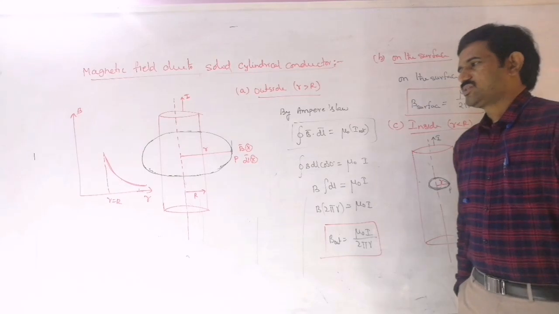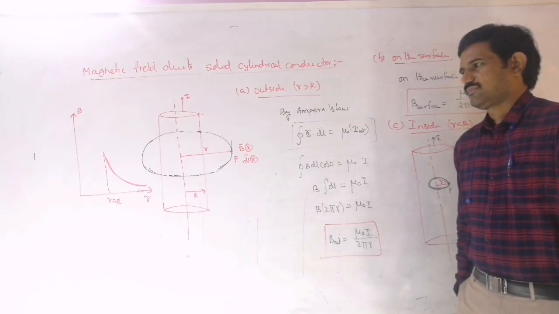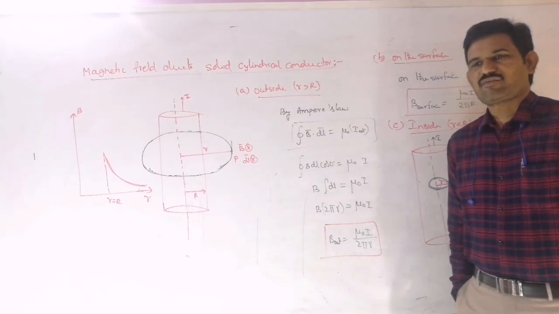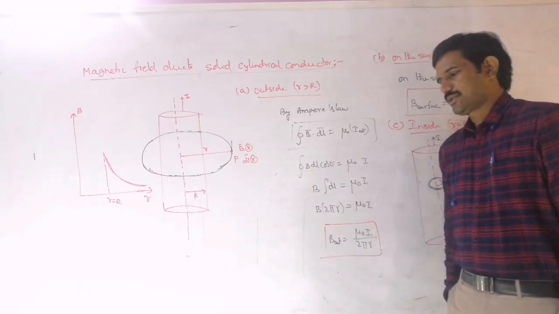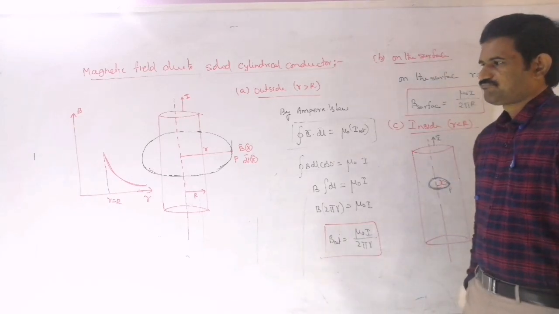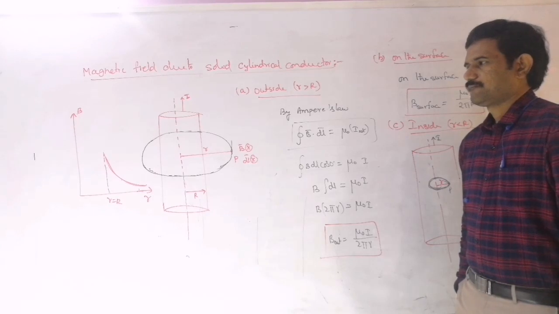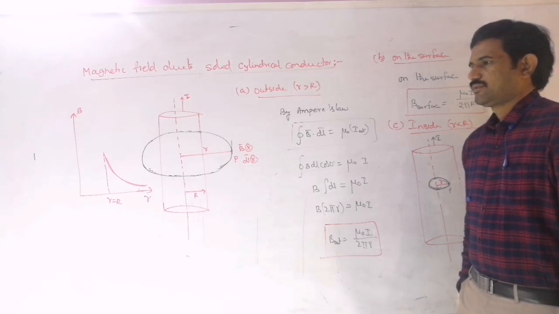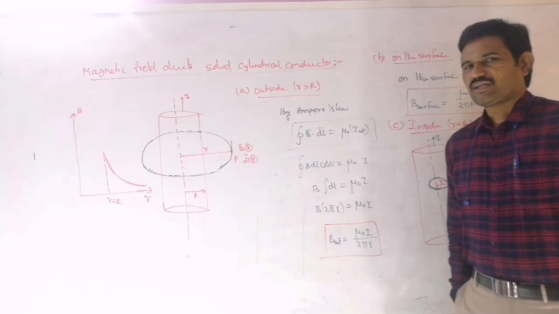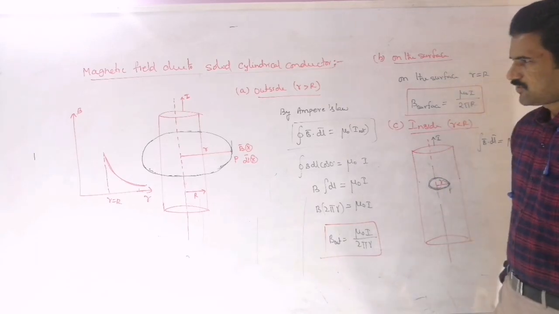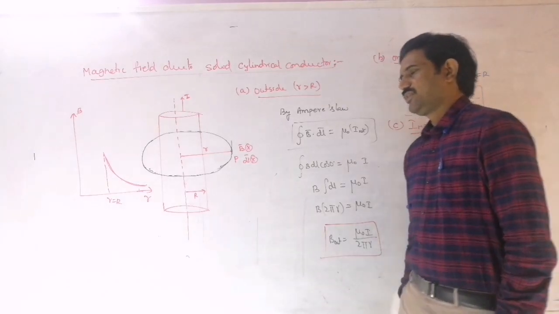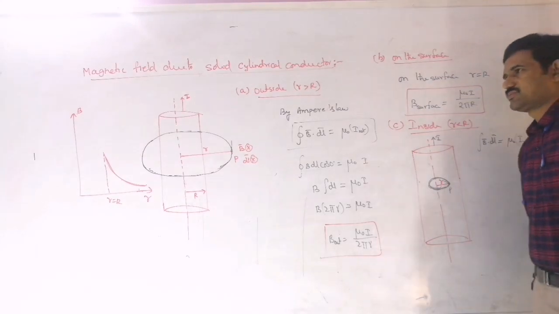P is a point at a distance r from the axis of the cylinder. The magnetic field at point P can be calculated as follows.